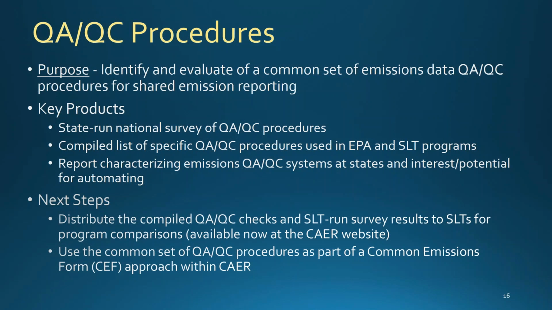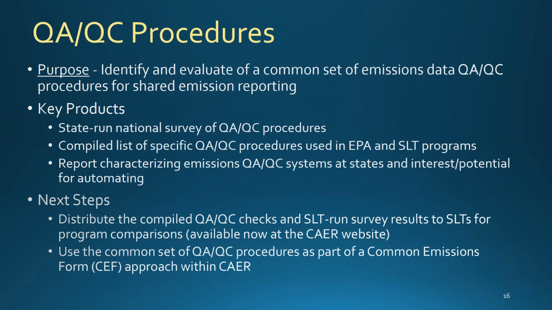Again, utilizing a state survey, starting with QA QC checks from EPA programs, the NEI program, as well as some of the state and local R&D team members, pre-populated a set of QA QC checks, and then sent that out and asked for states to fill in anything that they do that wasn't on that list.